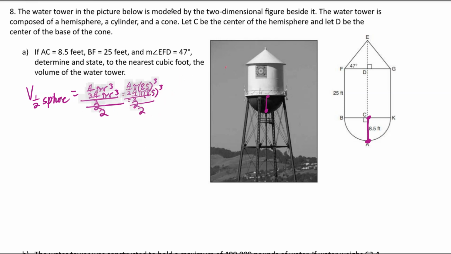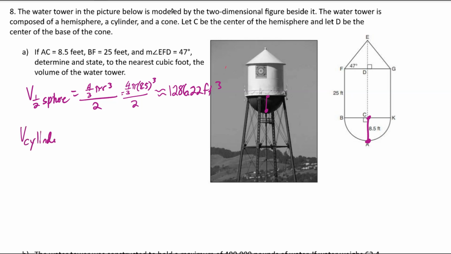as long as you substitute that into your calculator carefully enough, you should get something along the lines of 1,286.22 cubic feet. Now, if I work with the cylinder, remember the volume formula for that is pi r squared times the height. The radius, consider that BC and CA are both radii of that hemisphere.